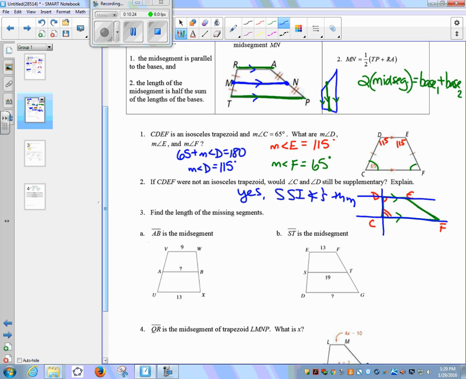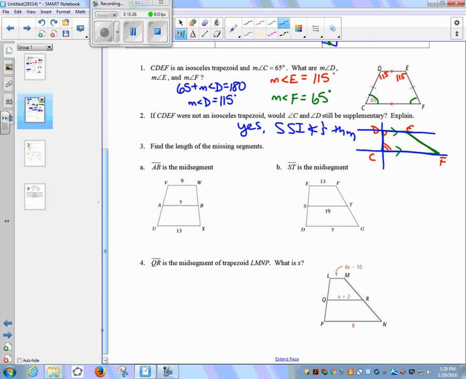Okay, find the length of the missing segments in the next part. This is using that 2 times the midsegment. Let's put an x here. I can put an x here because there's no other x values in the diagram. There's a point X, but there's not an x value.